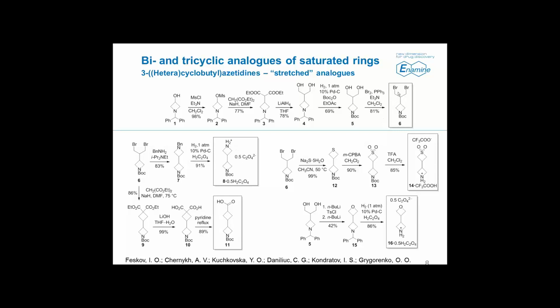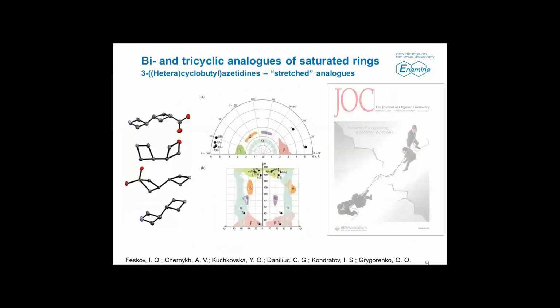So we have obtained compound 6 in several steps from commercial materials, and it can be produced on quite a large scale. And then it can be introduced into the reaction with N nucleophile, C nucleophile, S nucleophile, or subjected to cyclization at the oxygen atom, so that these analogues of saturated six-membered rings are obtained. If the structures of these compounds are compared, you can see that they are expectedly larger than the corresponding saturated six-membered rings.